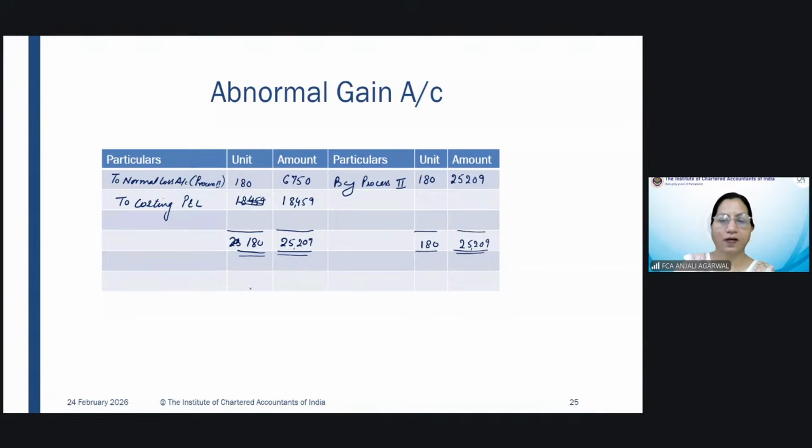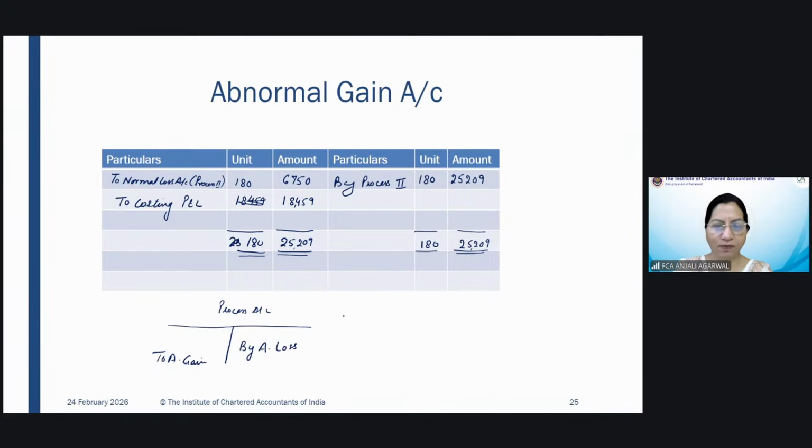Okay, I'll repeat. Process account will be credited by abnormal loss and debited by abnormal gain.